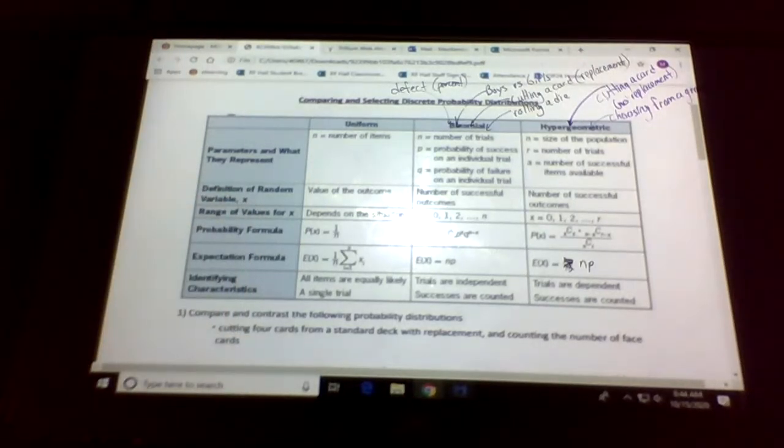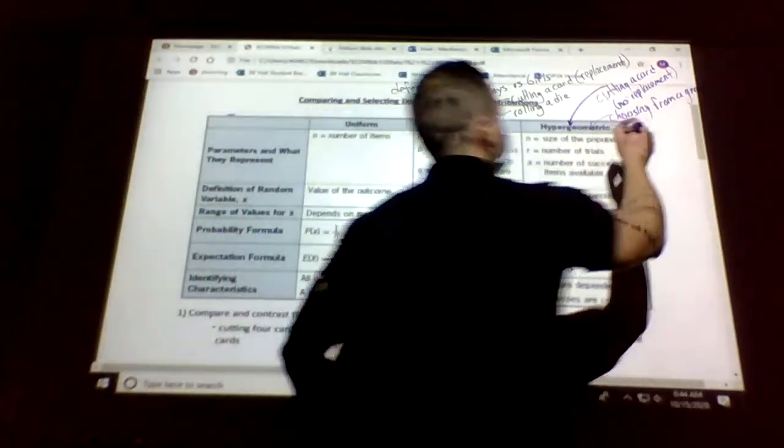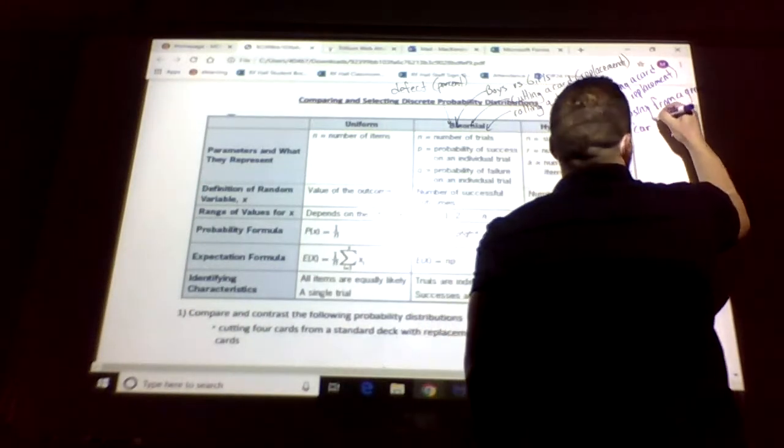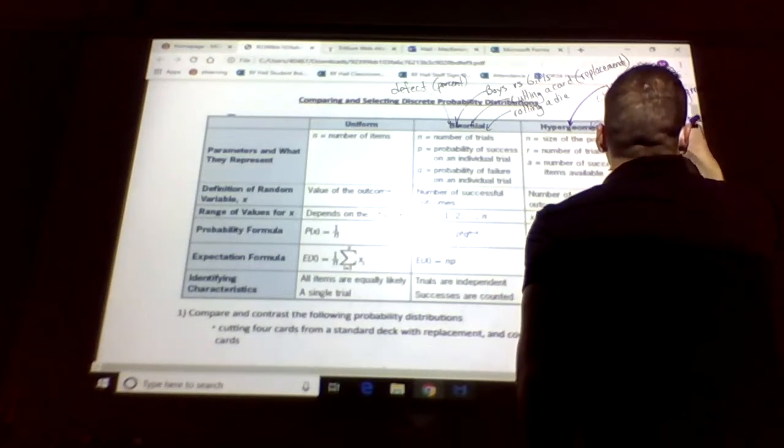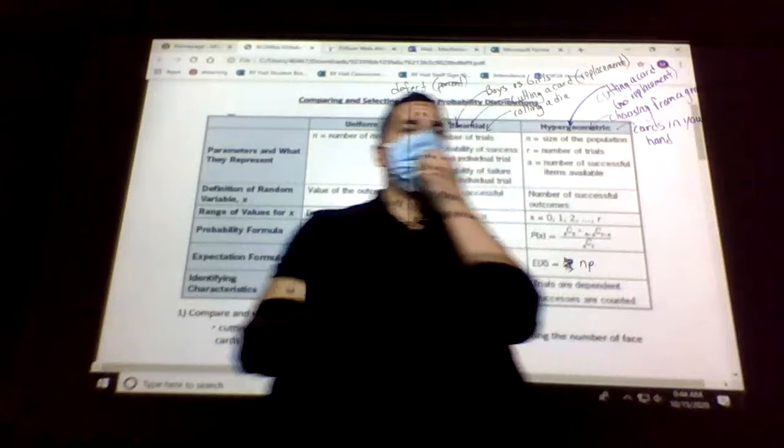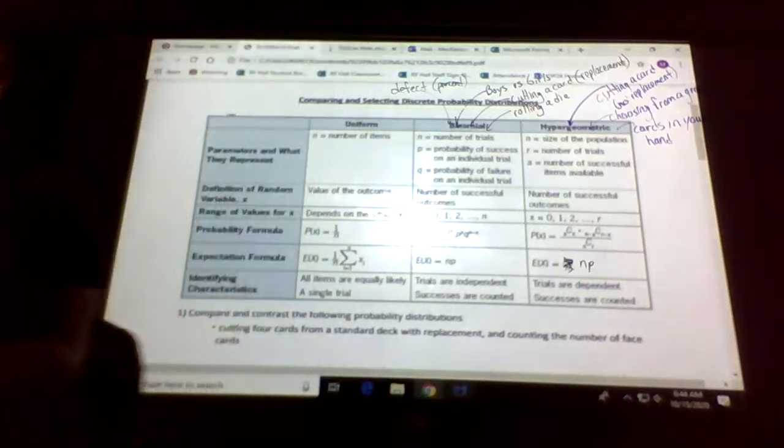If I take 5 cards and give them to Marcel here, my total has decreased now. So cards in your hand. As Daniel was saying, we could be looking at how many 7s or how many aces we have in that hand.